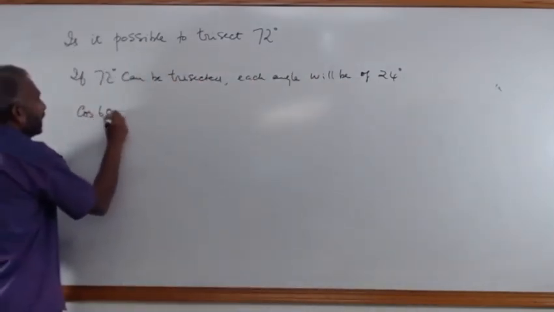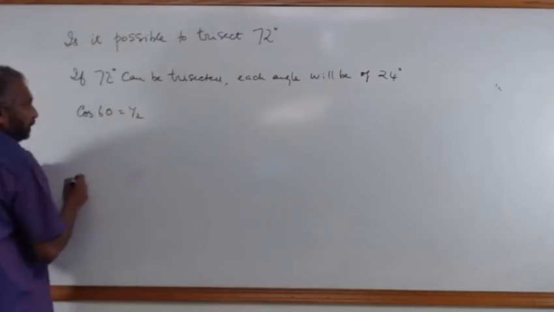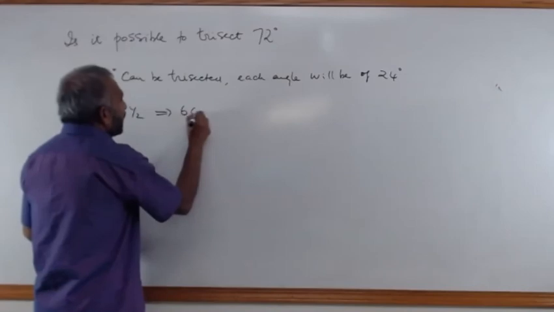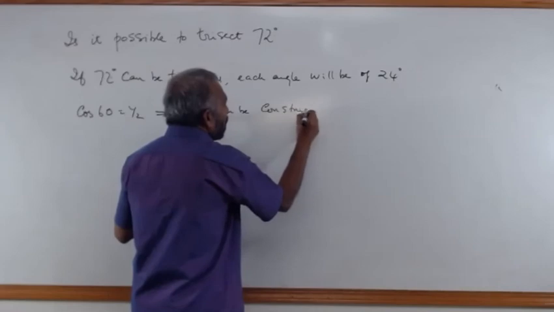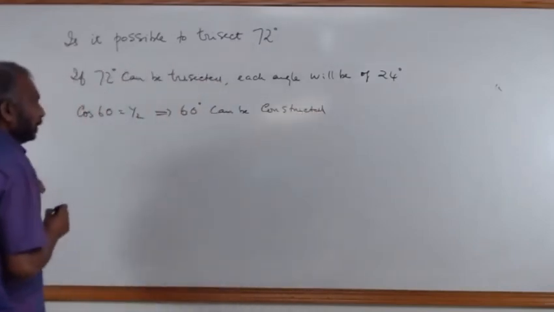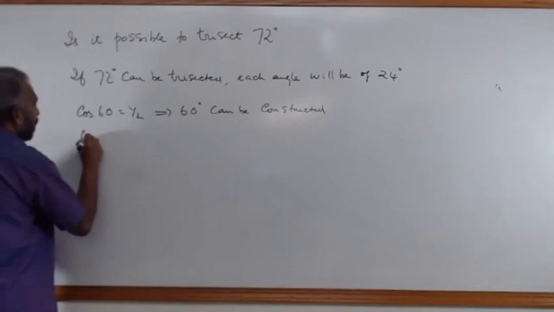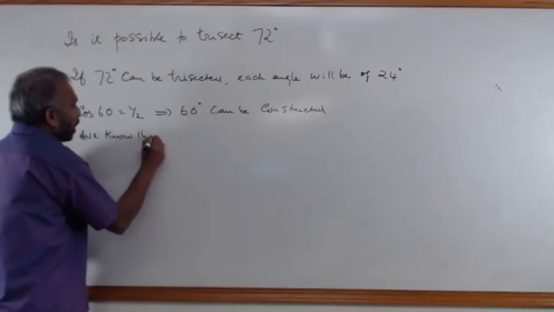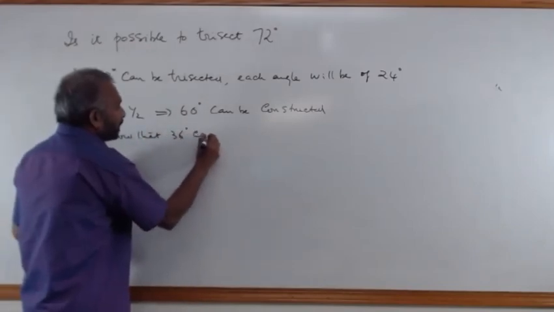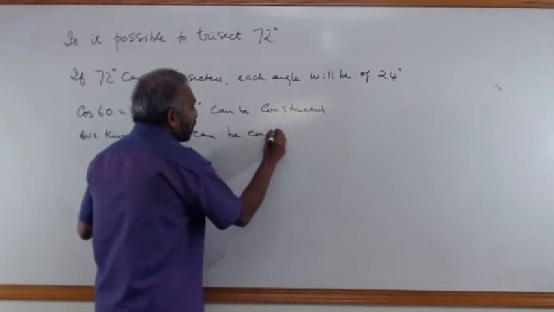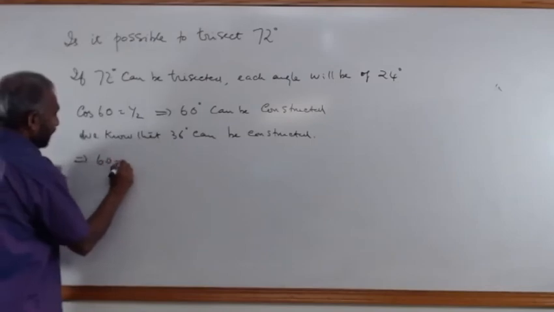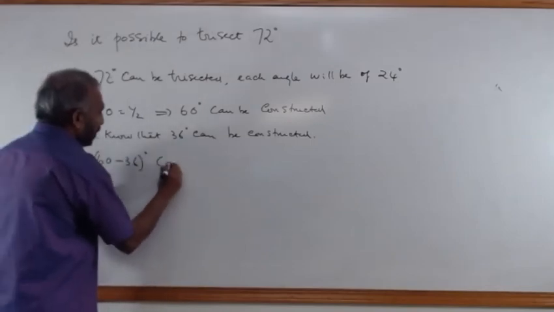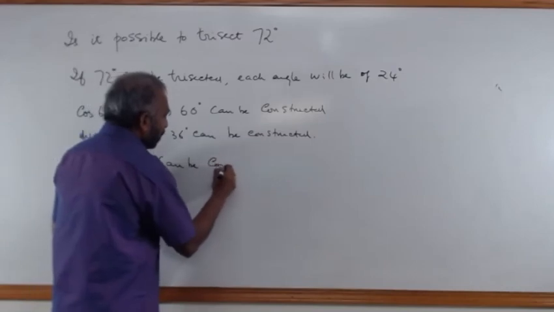Cos 60 is equal to half. That implies 60 can be constructed. And we know that 36 degrees can be constructed. And that implies 60 minus 36 degrees can be constructed.